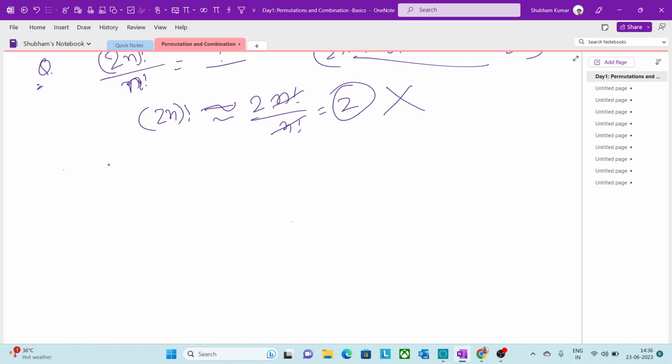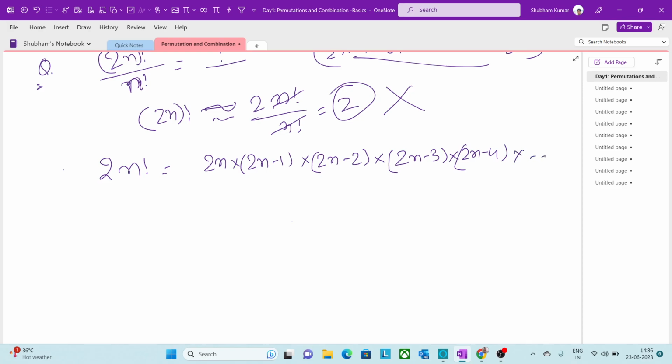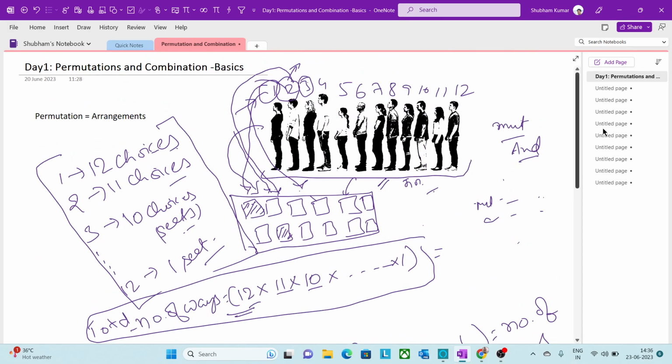Let's suppose it's 2n. So (2n)! can be written as 2n into 2n minus 1, into 2n minus 2, into 2n minus 3, and so on up till 1.